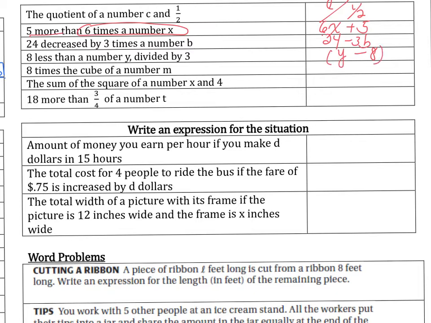It goes together because this is separate, and then all this is divided by 3. 8 times the cube of a number m, so 8m cubed. The sum of the square of a number x, so this should be x squared plus 4. And then 18 more than 3/4 of a number t. So this is multiplied: 3/4 t.